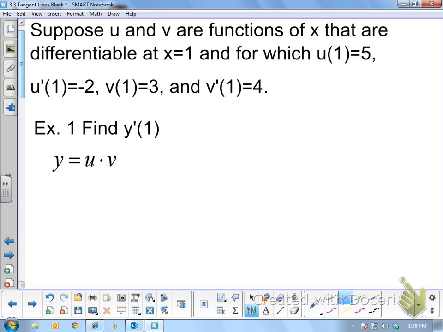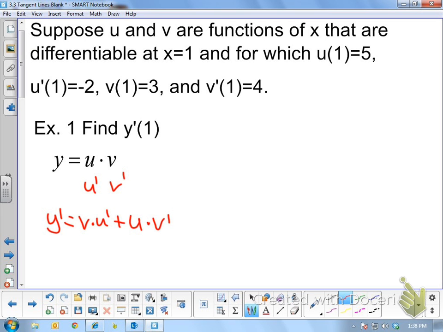U prime. So the derivative of u is u prime. Derivative of v is v prime. And then we just go low-de high, high-de low. So y prime would be second times the derivative of the first plus first times the derivative of the second. It's in fact the formula for product rule.